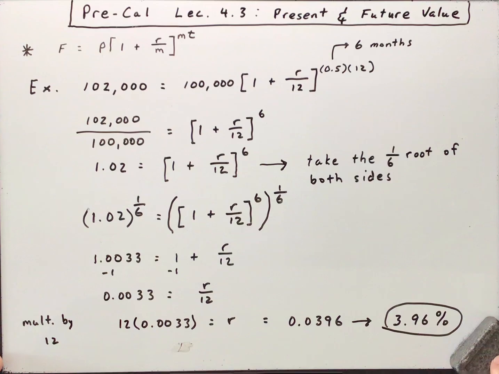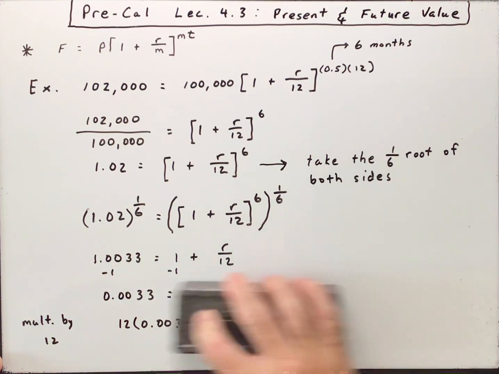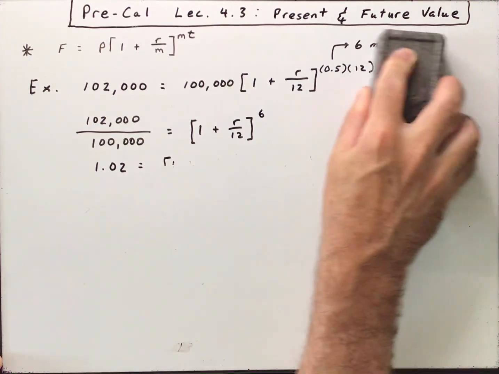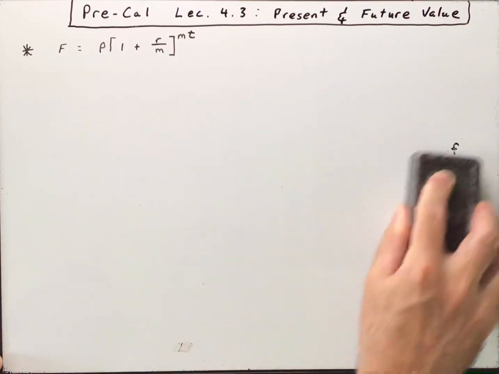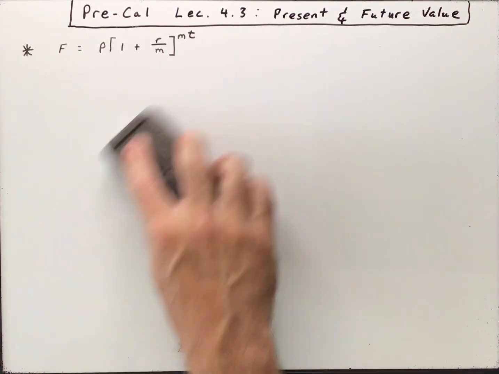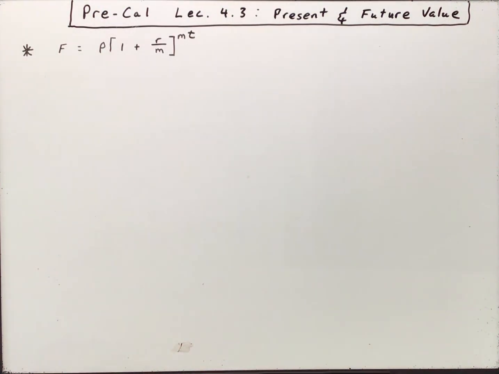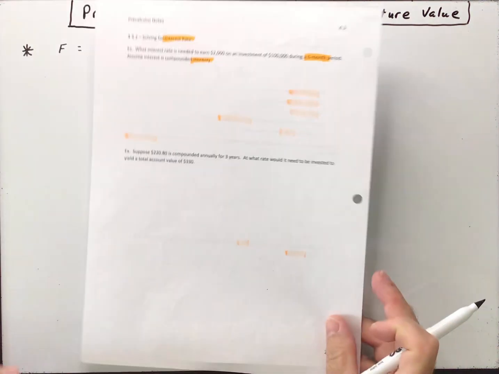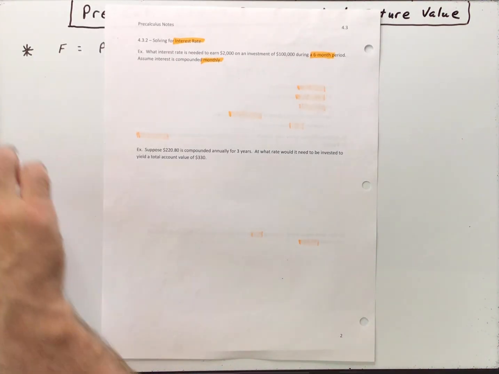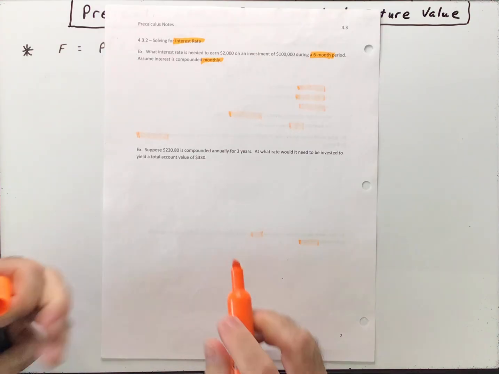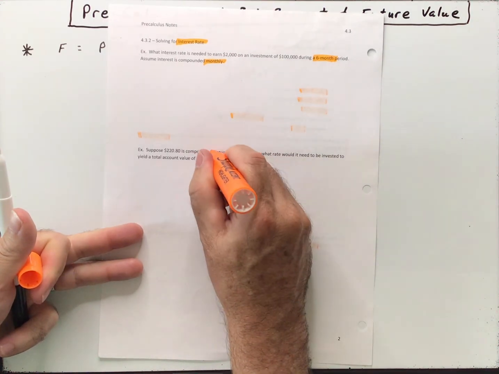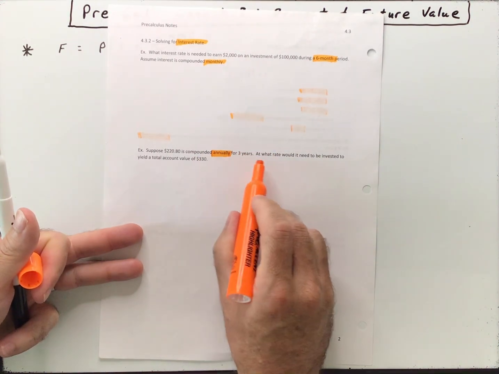All right, let's do one last example. Still using this future value equation. So it says, suppose $220.80 is compounded annually for 3 years.